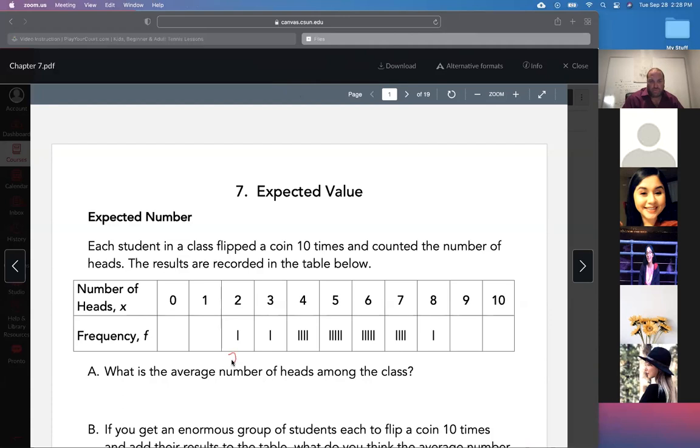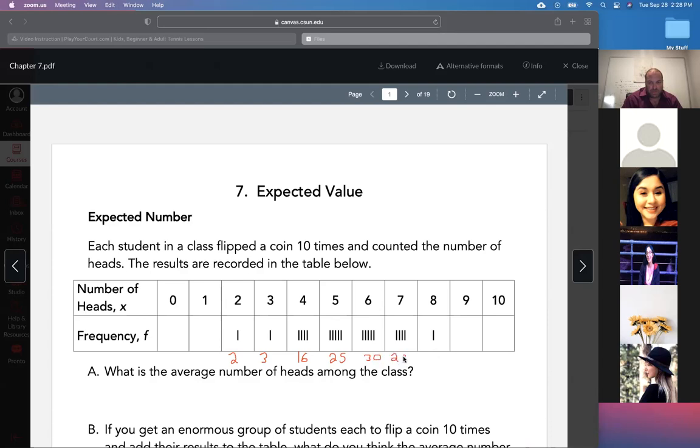is 2, 3. How many times did I get 4? Four times. So a total of 16 heads there. How many heads in this category? 25. How many in the next one? 30. How many in the next one? 28.